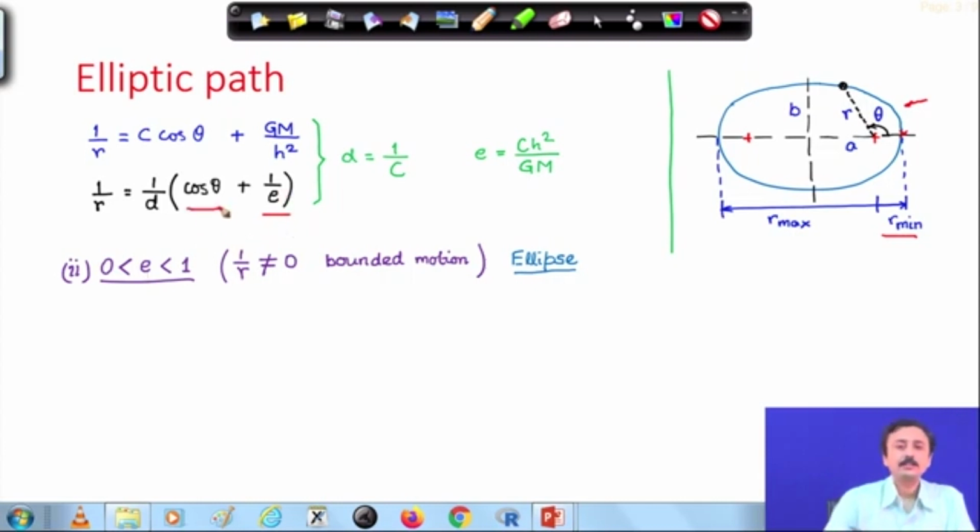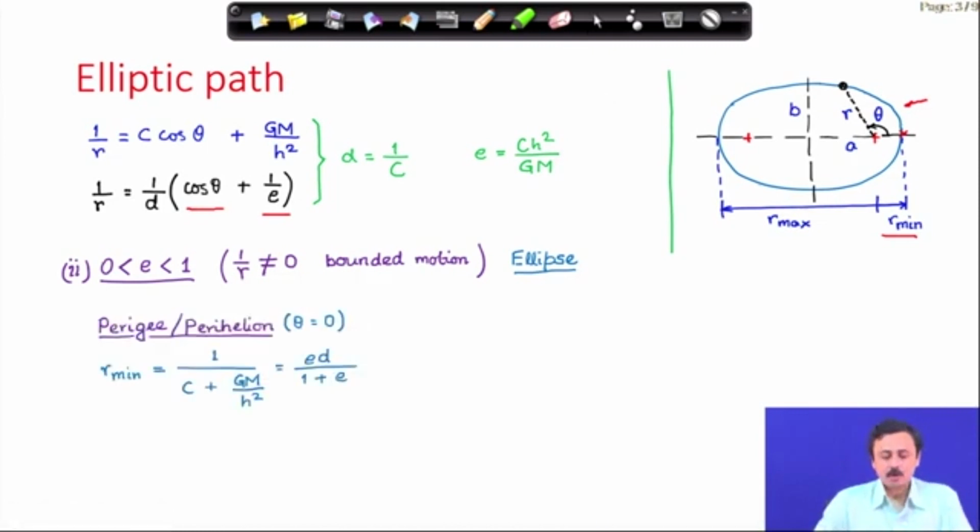Now, the value of cos theta varies from -1 to +1, it is bounded between these two. Therefore, 1 over r can never go to 0. Therefore, these solutions for eccentricity between 0 and 1 are bounded solutions, and this ellipse is that shape which you can find out, you can plot and see.